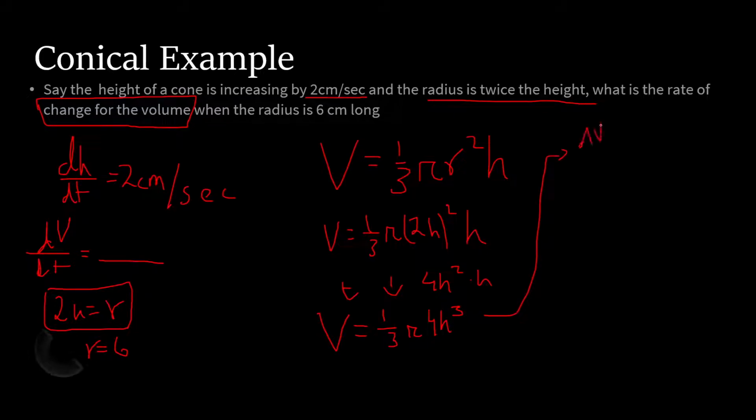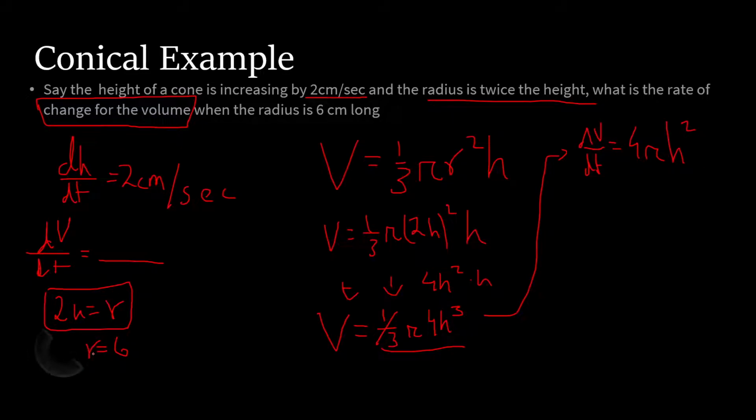So dV by dt, the rate of the volume, that's what we're trying to find. The rate of the volume is equal to the derivative of this. We're going to take the exponent down and subtract 1 from the exponent. So that's going to be 3 times 1 over 3, so that's going to cancel. So that's going to be 4 pi h squared.